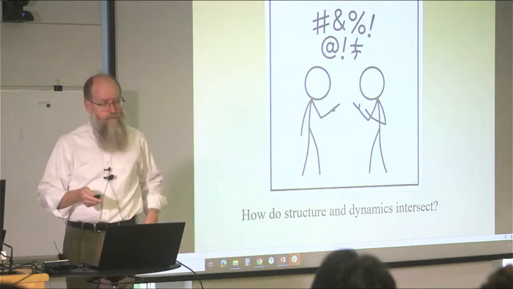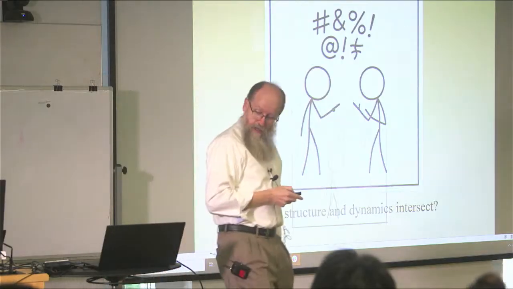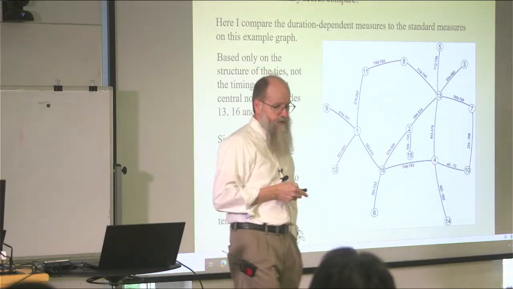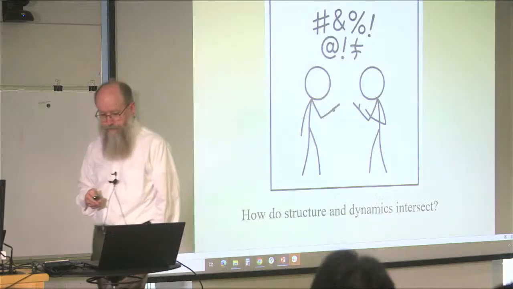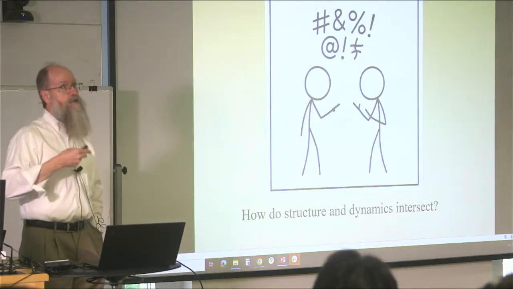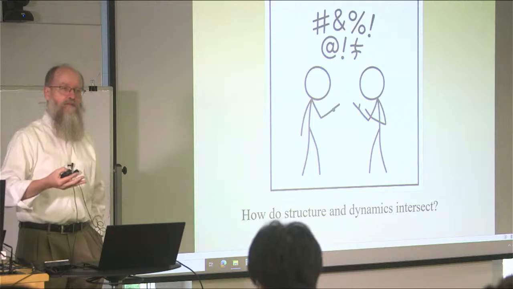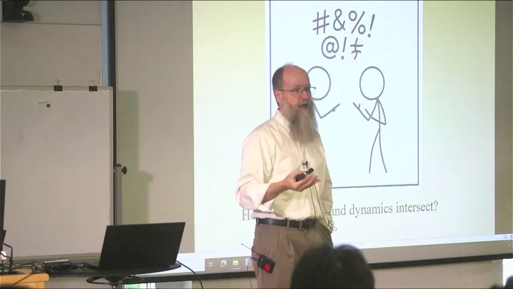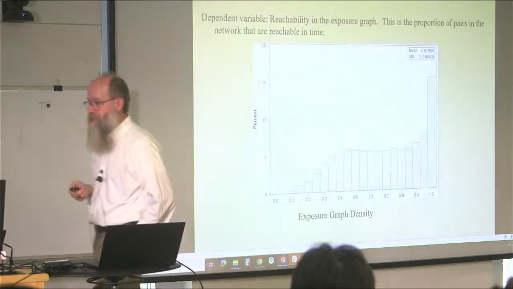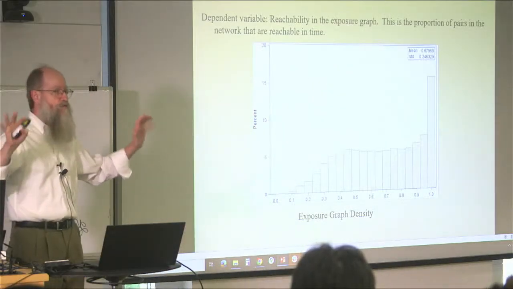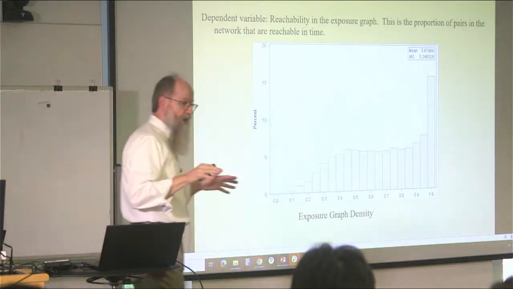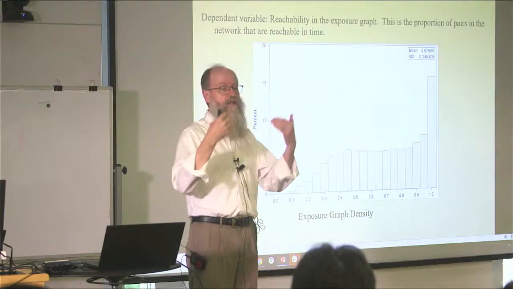What's going on? So when we came up with this timing type of stuff, this way of thinking about relations that work together in timing, it allows us to decompose when it's possible for a concurrent relationship to matter versus when it's not. And so we do that by imagining lots and lots of different social structures, and then asking, is it the case that concurrency matters more in some kinds of structures than in others?